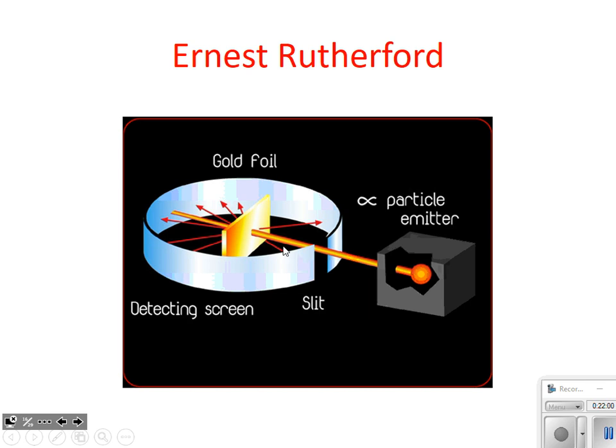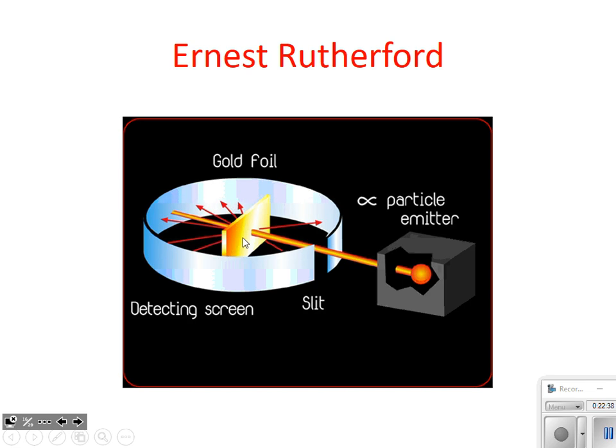And he shot alpha particles into this gold foil and had this little screen that would detect the alpha particles. Now, sometimes the alpha particles went straight through the gold foil and hit the screen back here. But as you can see, other times the alpha particles hit something and bounced back, or were deflected to other areas.